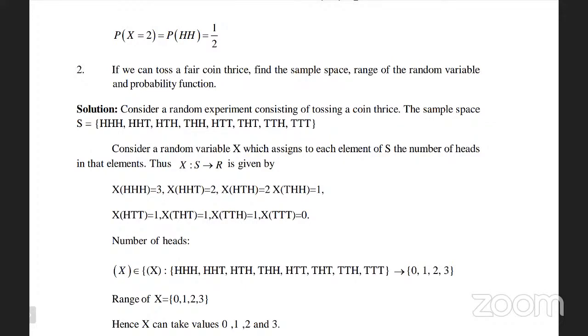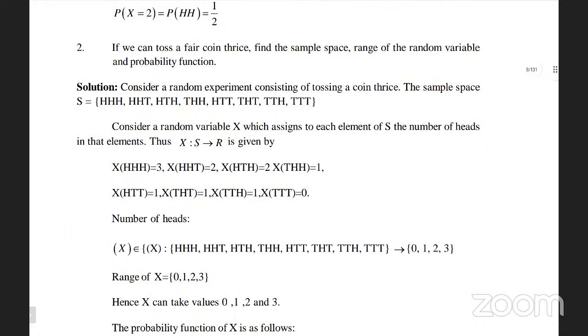Next, HTT is 1, THT is 1, TTH is 1, and TTT is 0. So the number of heads I am counting is called the range. If you check, I have only the numbers 0, 1, 2 and 3. So 0, 1, 2, 3 are the range. That is called the random variable values.